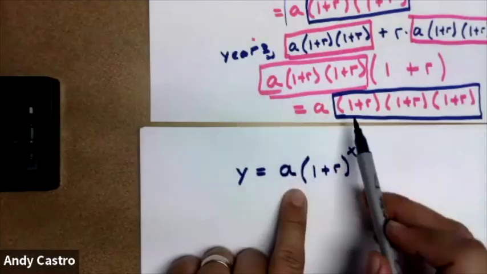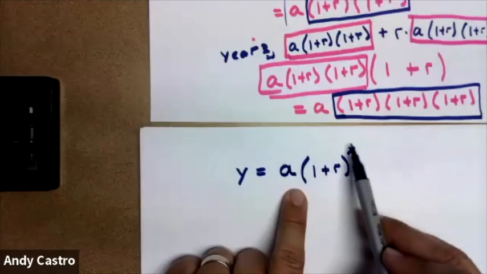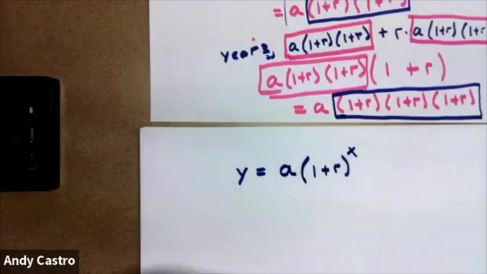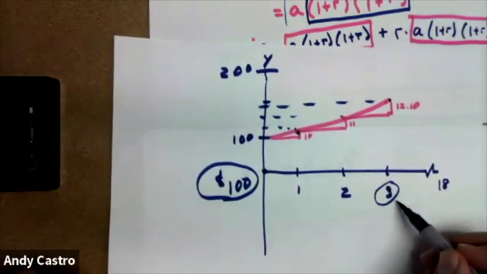So if I'm looking at year 3, I'm going to look at multiplying that 3 times. That x right here is going to be 3, right? The x here is going to be 3.